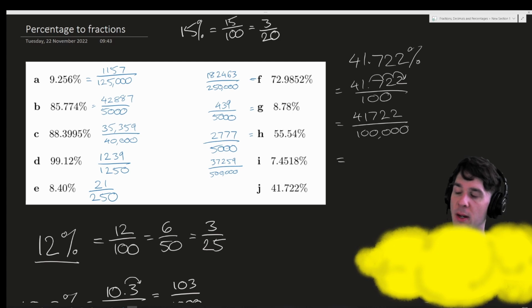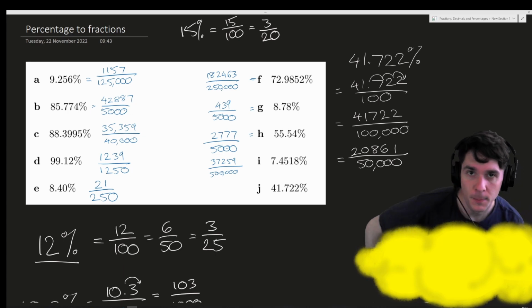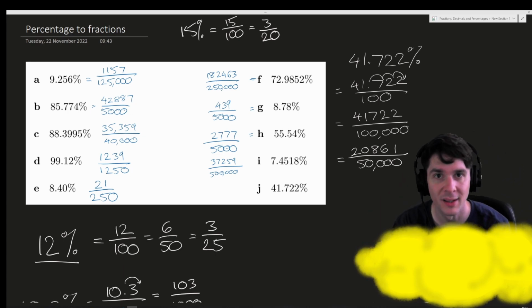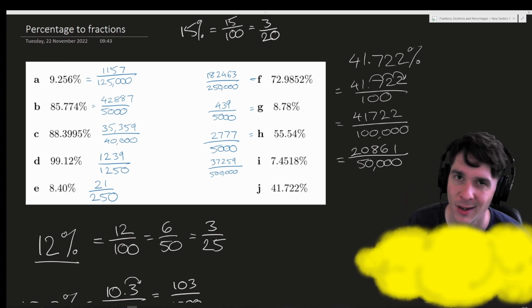If we divide this by 2, we're going to get 20,861 over 50,000. Now, I may have made a mistake doing that division by 2 in my head, but if you understand the working and you can find an error, then you have the correct answer and you know that you're smarter than I am.